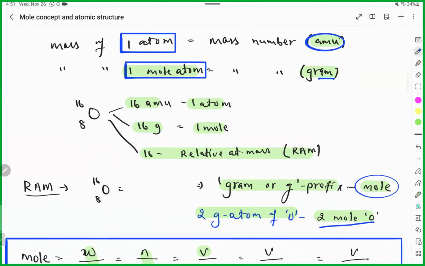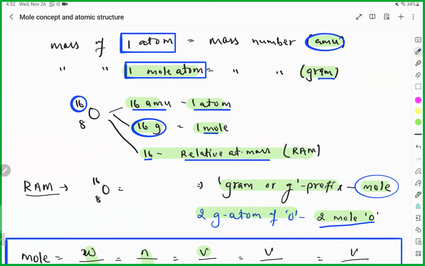Example for oxygen. Here you have atomic mass 16. So it is 16 AMU for one atom and 16 gram for 1 mole. Correct? And only 16 for relative atomic mass. Relative atomic mass means compared to other.